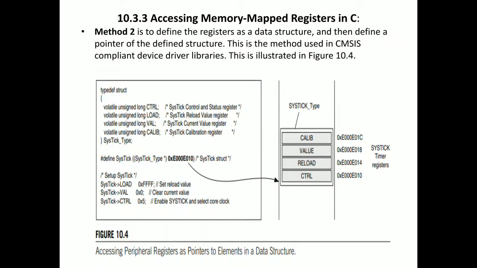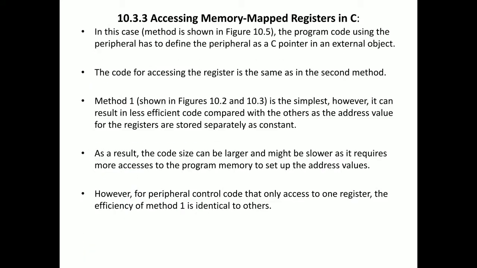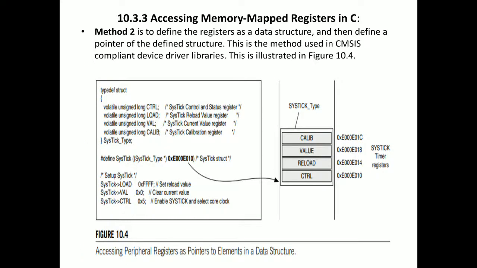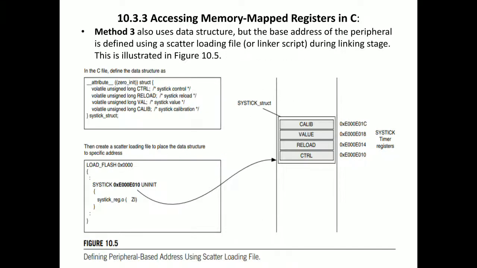Earlier they were not mentioning the base address, but here they are making the base address come from the scatter loading file. This is the difference between method 2 and method 3: in method 2 there is no base address defined, but here they mention the base address as a scatter loading script.